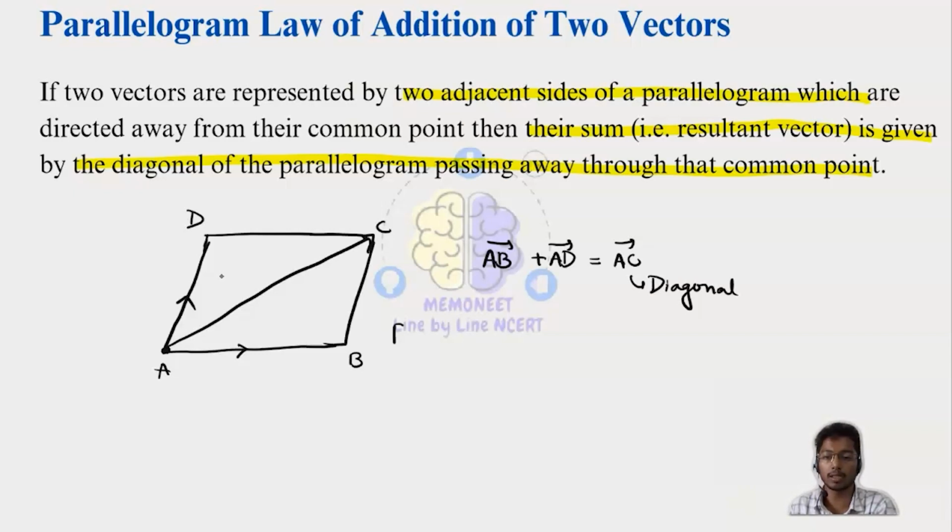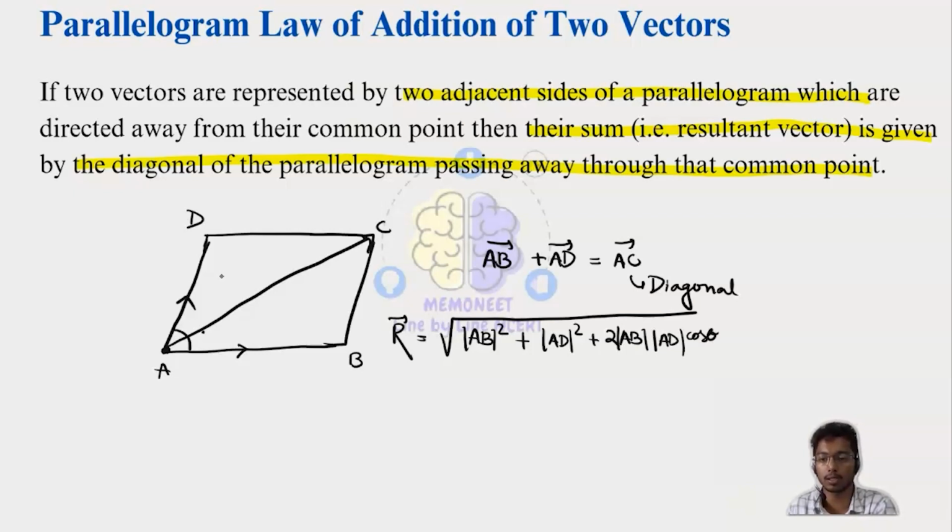Likewise, the resultant R is equal to the square root of AB magnitude squared plus AD magnitude squared plus 2 times AB magnitude into AD magnitude into cos theta, where theta is the angle between AB and AD.